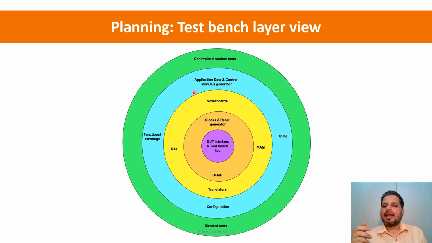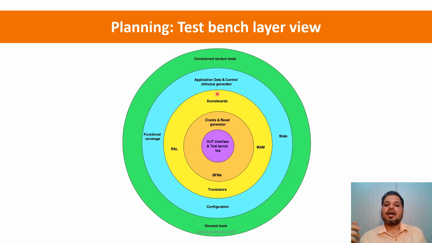There could also be end-to-end checker components in this layer, like scoreboards, which consume transactions happening at different interfaces and check to ensure that the functionality is met. But the point to take away is that the theme is translators: you are processing transactions at the transaction level, or translating from a higher-level abstraction to the transaction level.